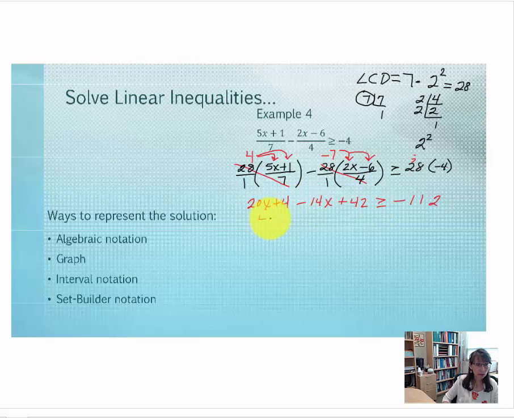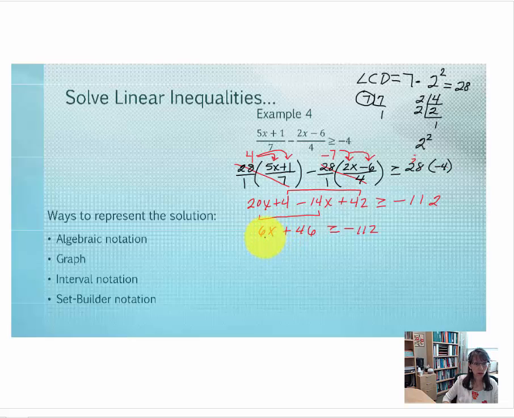So it looks like I've got a couple of like terms with x, and I have some constant terms that are like terms. 20 take away 14 would give us 6x, and then that gives me 4 added to 42, so that would be positive 46, greater or equal to negative 112.